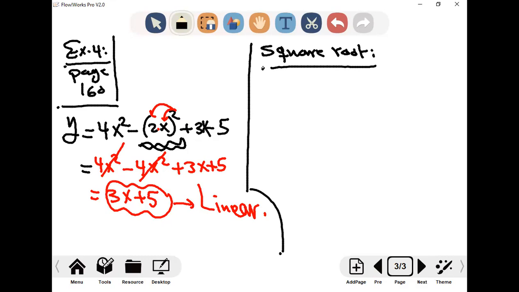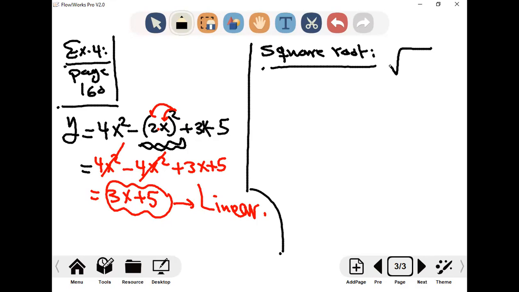What's the meaning of root in science? We call it square root, and we have cubic root, fourth root, fifth root, and go on. But here we will talk about square root, and you can make a general idea for yourself. Now, square root, something like this.